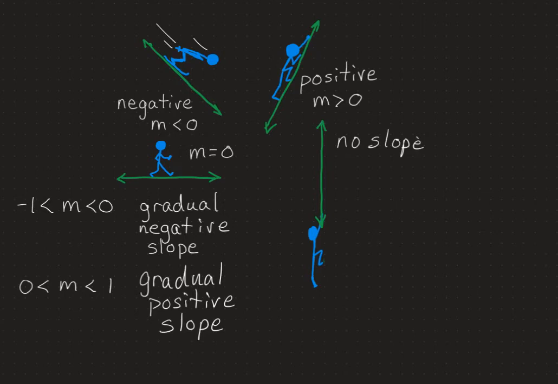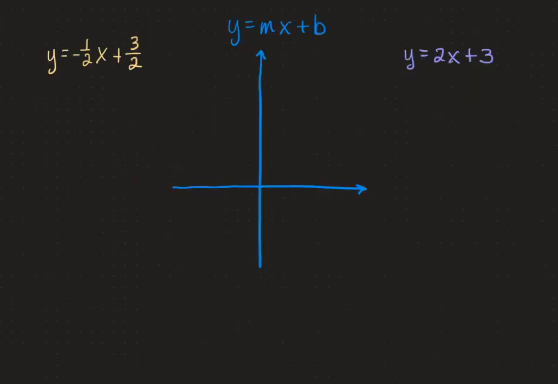Gradual meaning not steep. Of course, the slope-intercept form of an equation is very useful when it comes to graphing an equation. So here I'm going to find the intercept of the y-axis, and that's 3/2, which is equal to 1.5. So there is where this yellow line, the first equation, crosses the y-axis. Now, is it positive or negative slope?